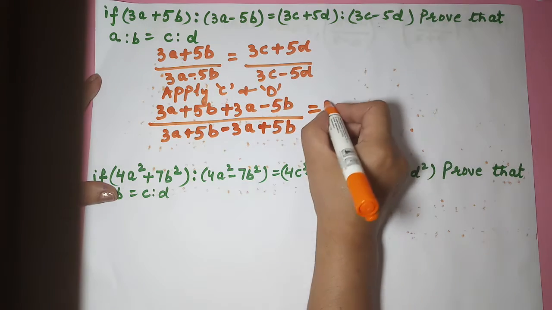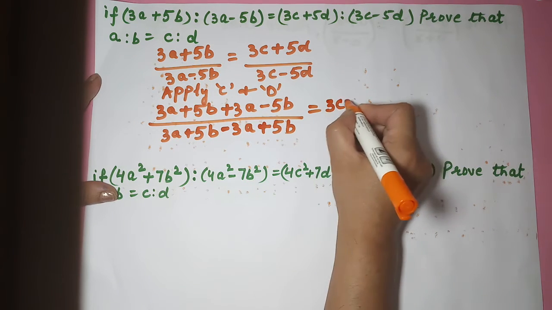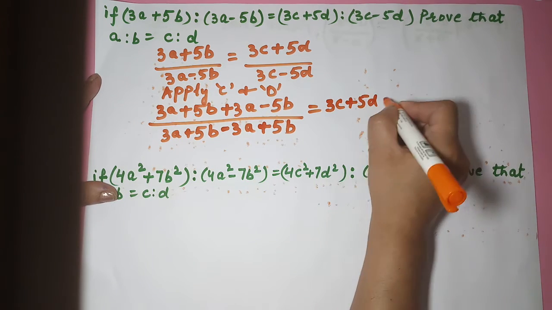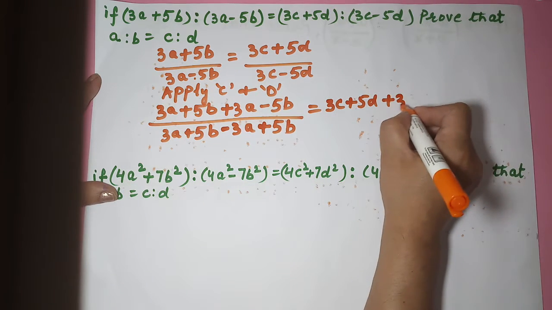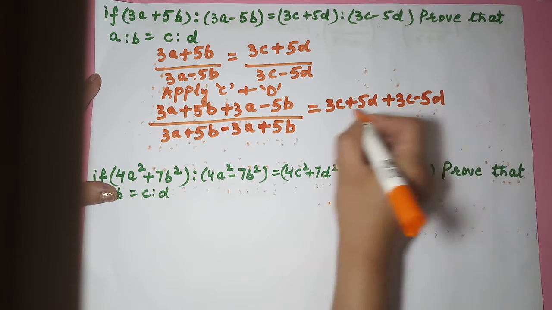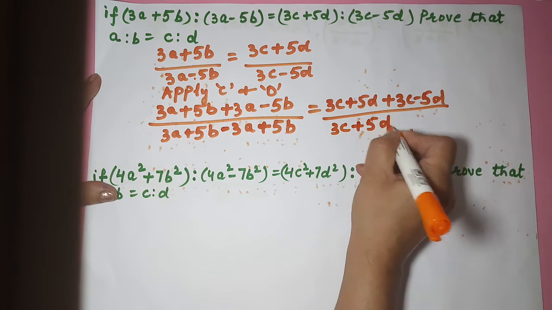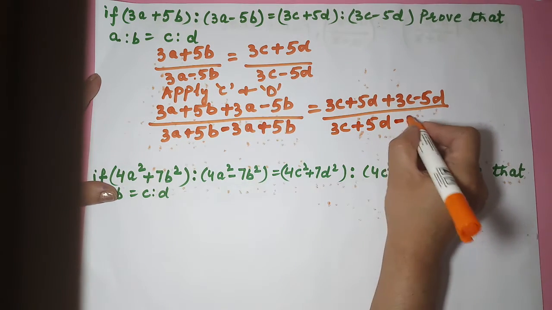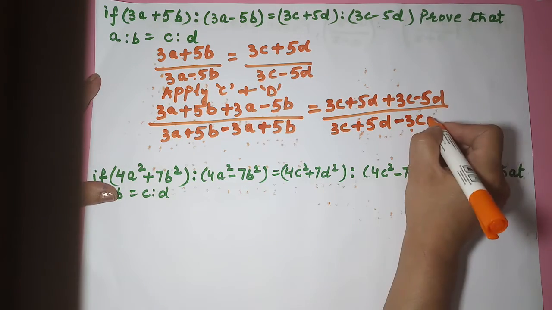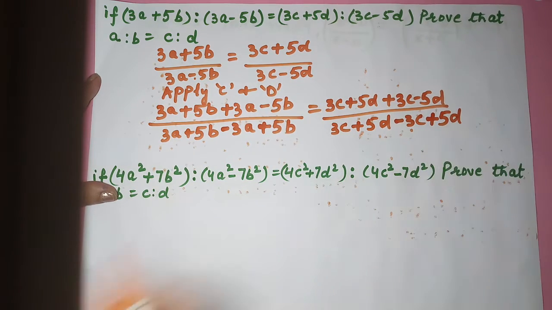Same I'll apply here also. Numerator, that is 3C plus 5D, plus denominator, 3C minus 5D, divided by numerator, 3C plus 5D, minus denominator, so minus 3C, minus and minus becomes plus 5D.